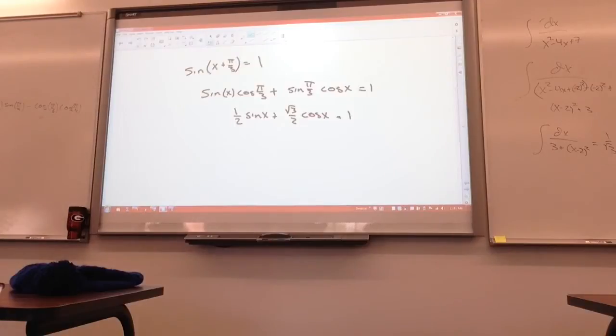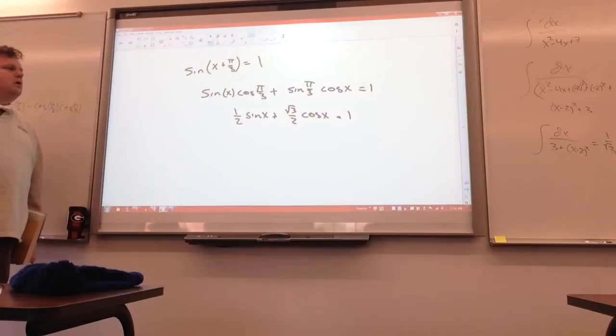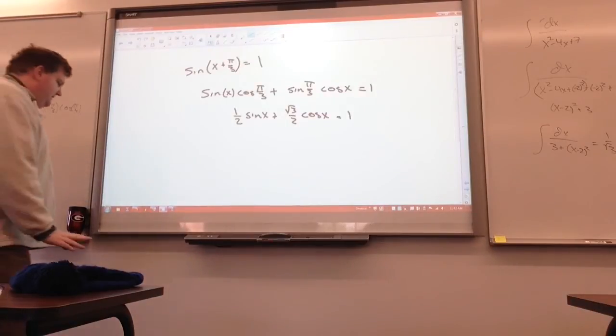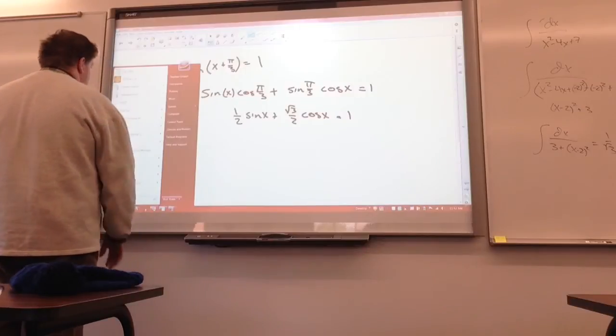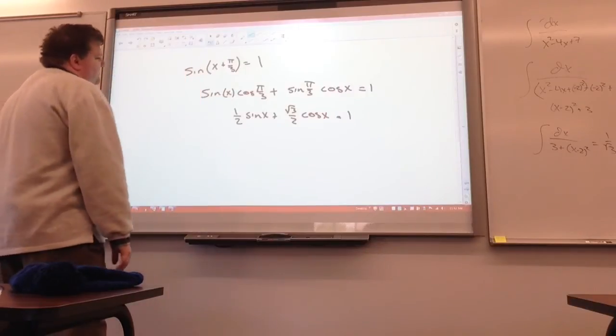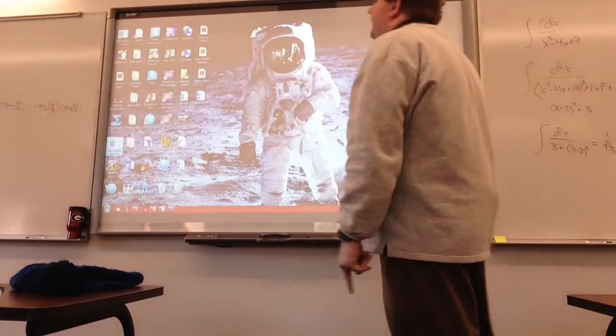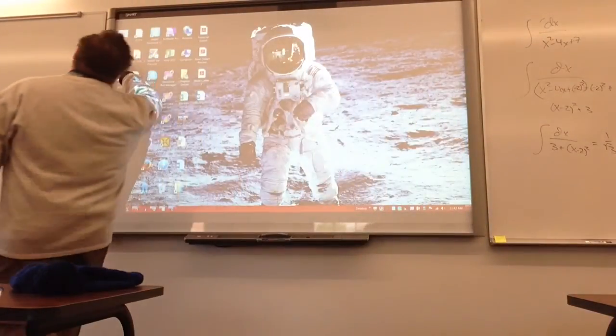And remember, if you get stuck, like let's say I can't get it to a point where I can say sine or tangent or whatever is equal to this clearly, the other way to handle this is to do what at this point? Make everything sine? It's a little hard to do with the cosine. But what else could I do? Graphing calculator.